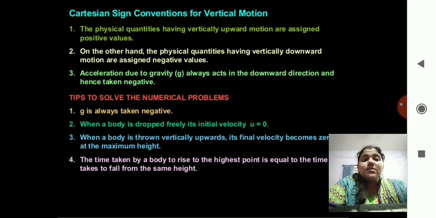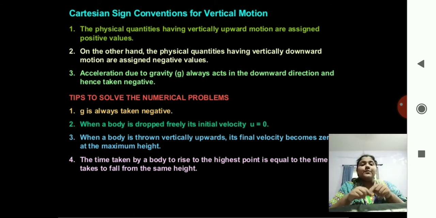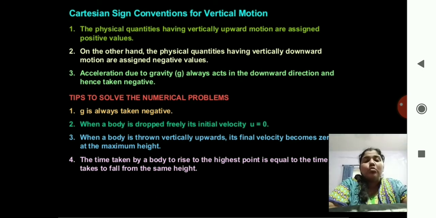So here what I was telling is the Cartesian sign convention. Cartesian sign convention means what? You have seen graph plotting in mathematics, correct? When you plot a graph, the right side is positive, left side is negative, up is positive and down is negative. The same Cartesian system is followed for this motion also. The physical quantities having vertically upward motion are assigned positive values.